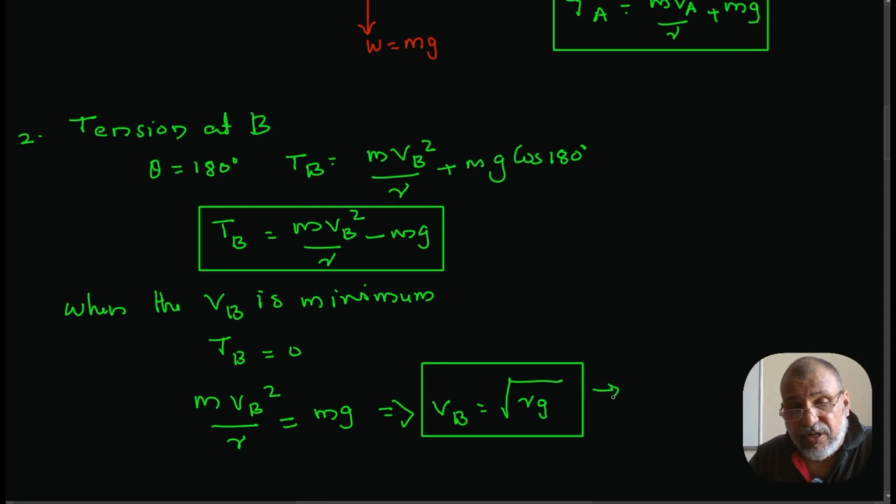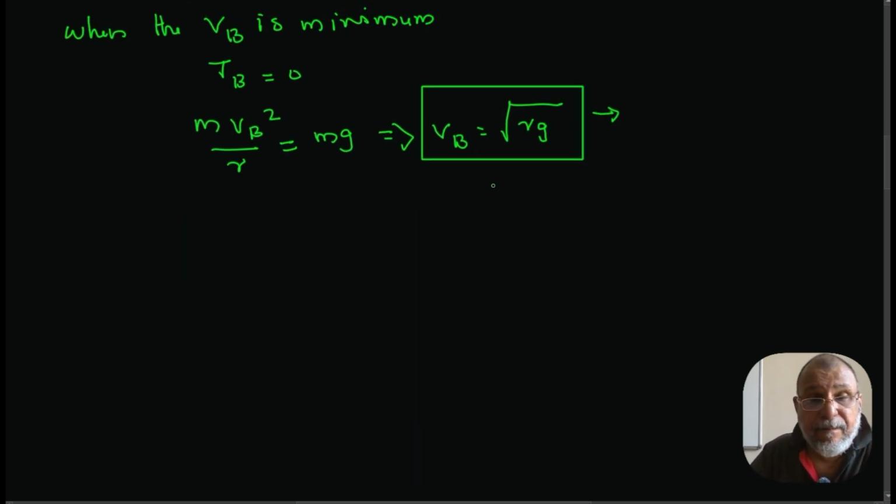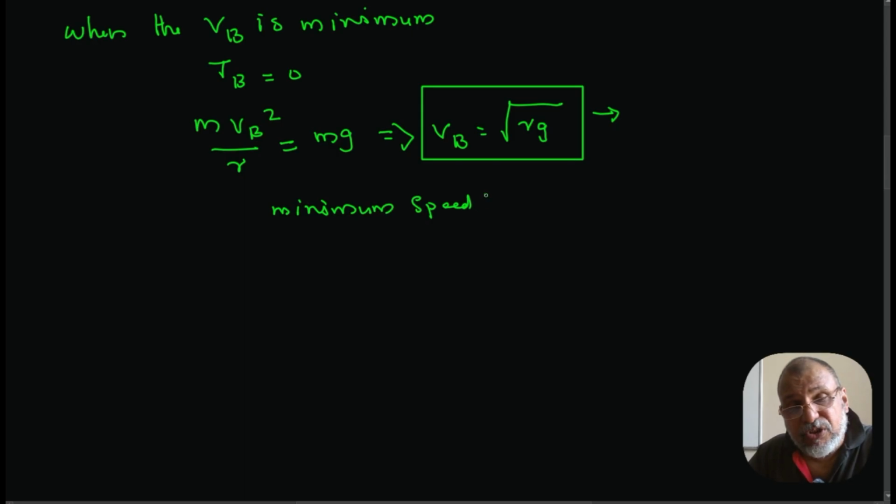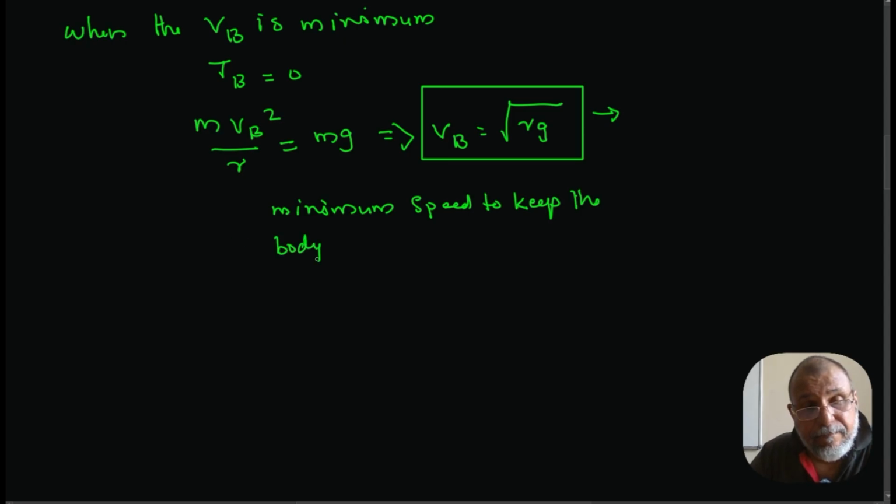This is the minimum velocity, or minimum tangential speed, to keep the body moving in a circle, of course, at the point B, at the top.